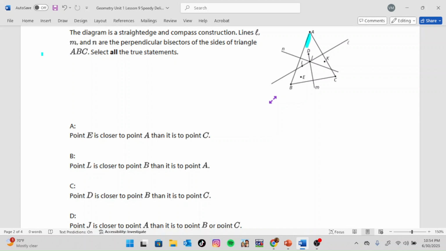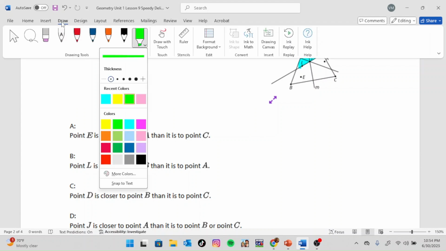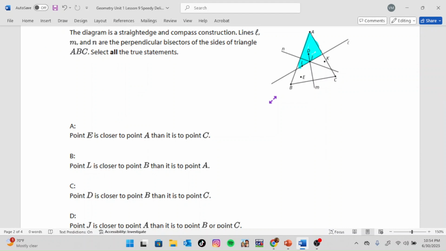So anything in this blue shaded region is going to be closer to point A. And then anything below line L in this green shaded area is going to be closer to point C.